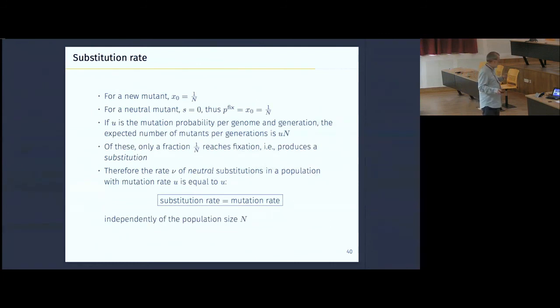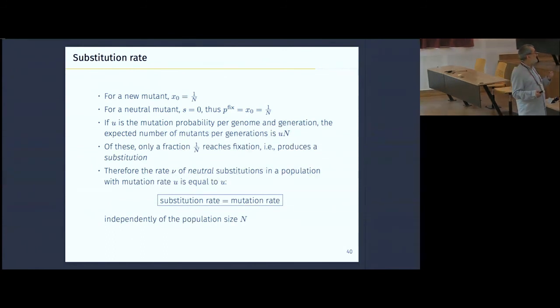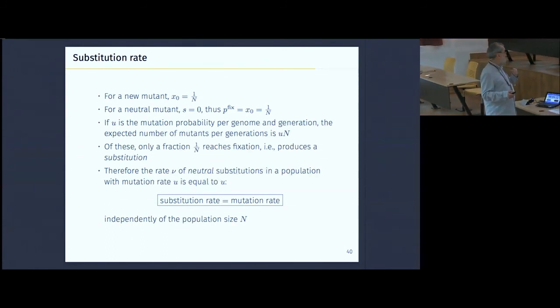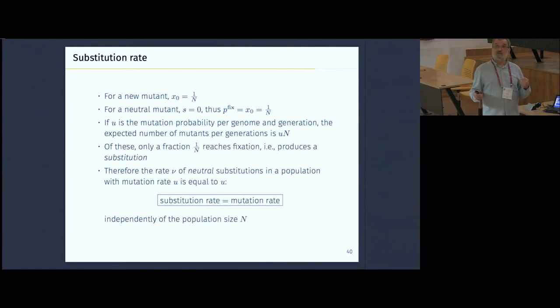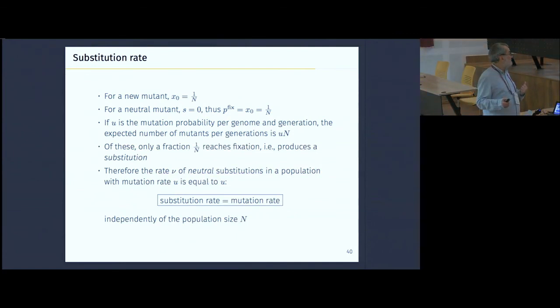Now, this is important. Let's consider now that we have a new mutant. It's a neutral mutant, S equals 0. And we have just seen that the probability of fixation is equal to the initial frequency. But the initial frequency for a new mutant is equal to 1 over N. Therefore, if U is the mutation probability per genome per generation, N times U is the probability that a new mutant arises in the population.